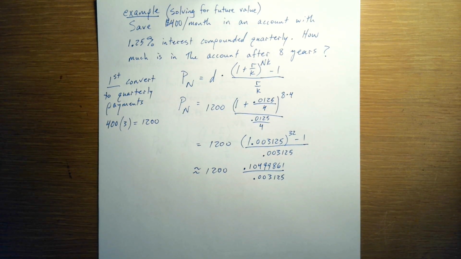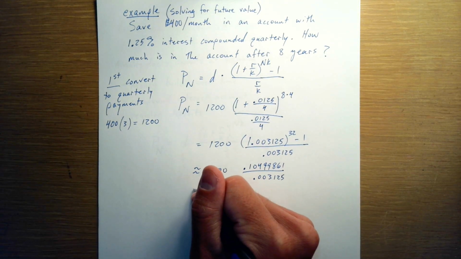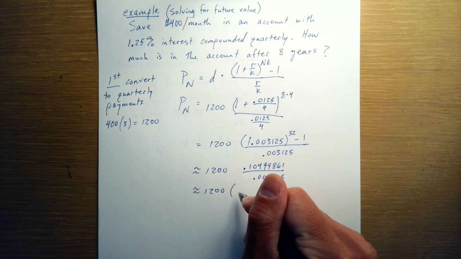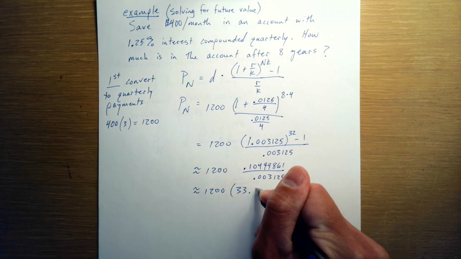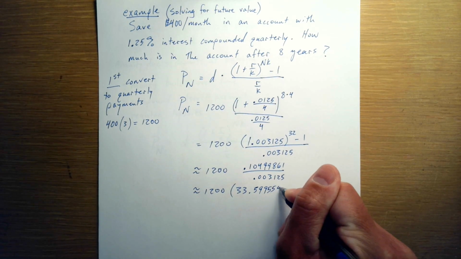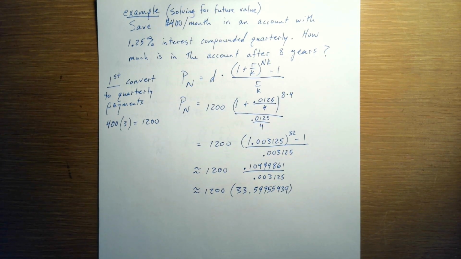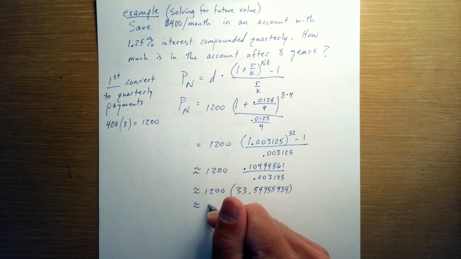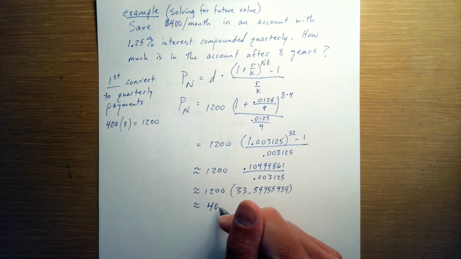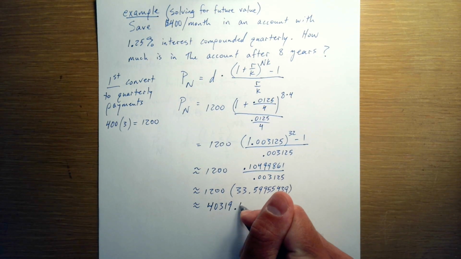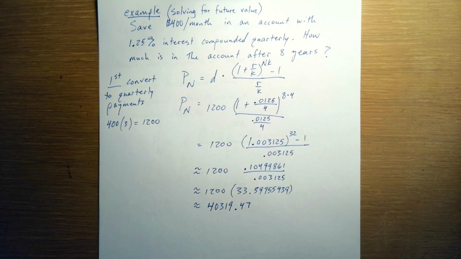So then we can collapse these things, and we get, that's about 1,200 times 33.599,55439. I'm keeping a lot of decimal places because I don't want to lose things in rounding. And so in the end, this is approximately $40,319.47.